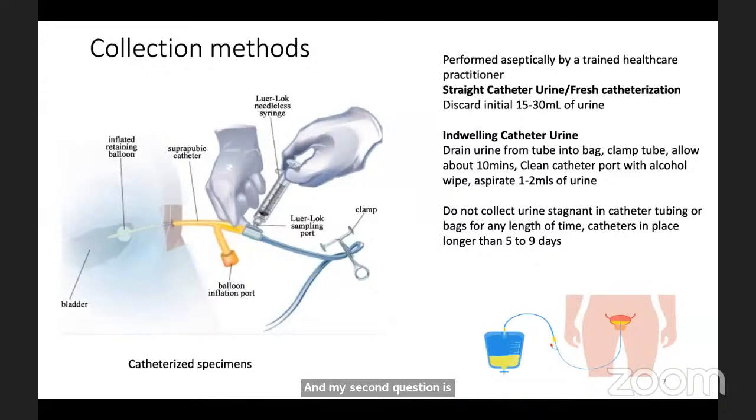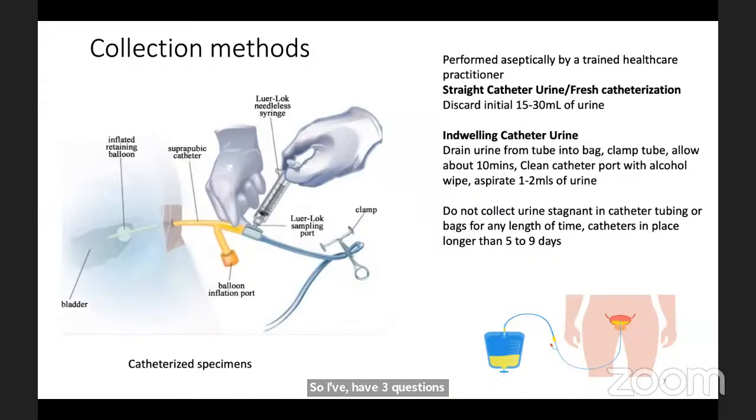I came to meet this continuous streaking, the Christmas tree type of streaking, and I don't know why that streaking was adopted for urine culture. And also, is it advisable to flame in between when using that continuous streaking? I think I've exhausted my questions. So I have 3 questions.